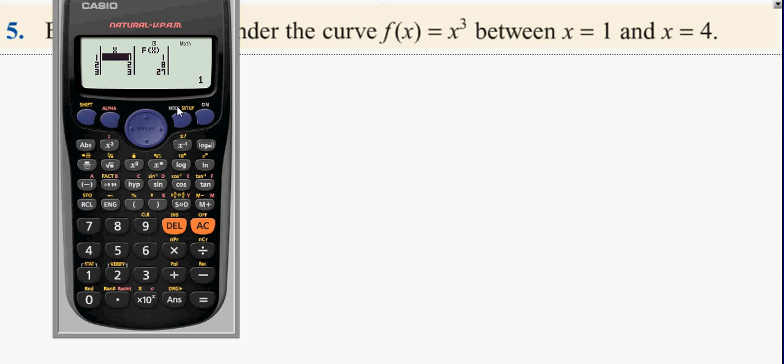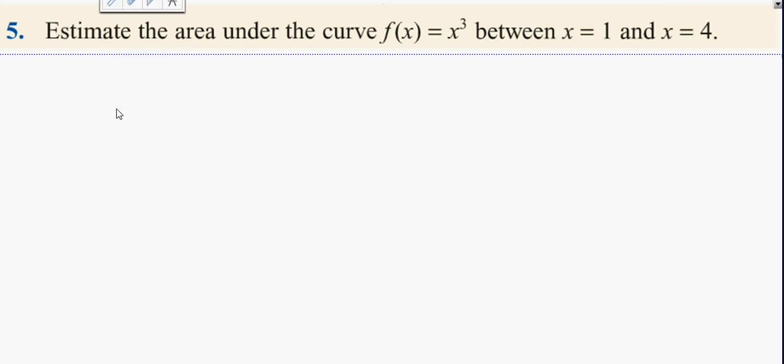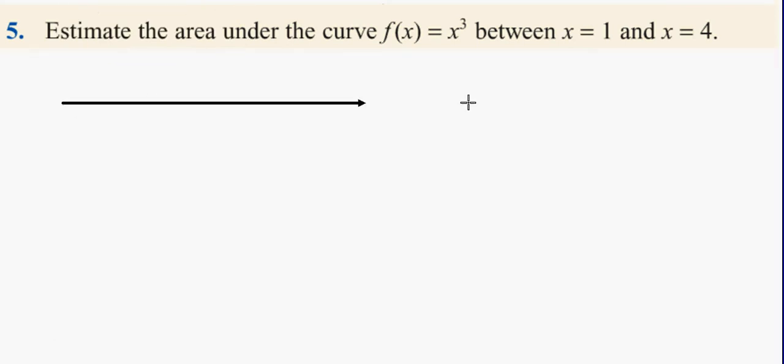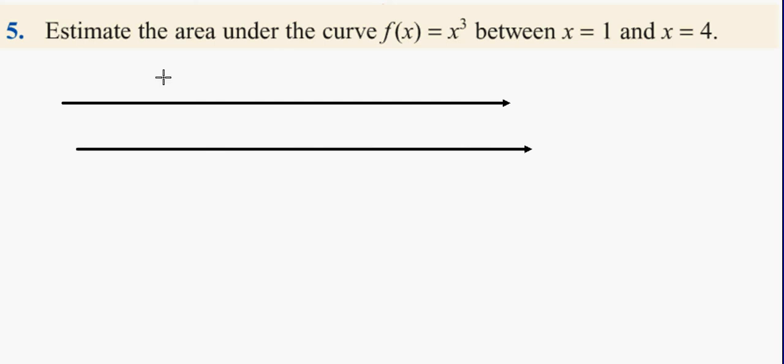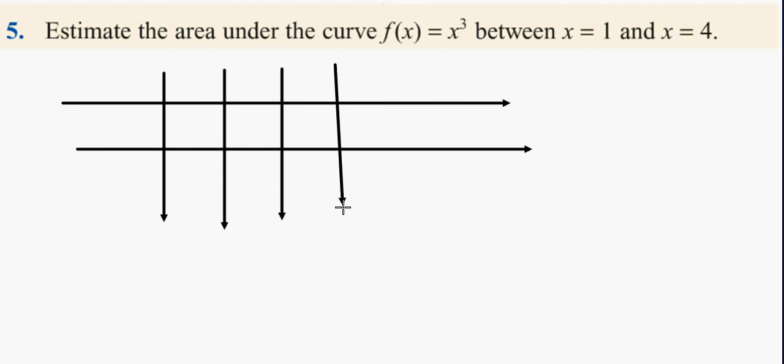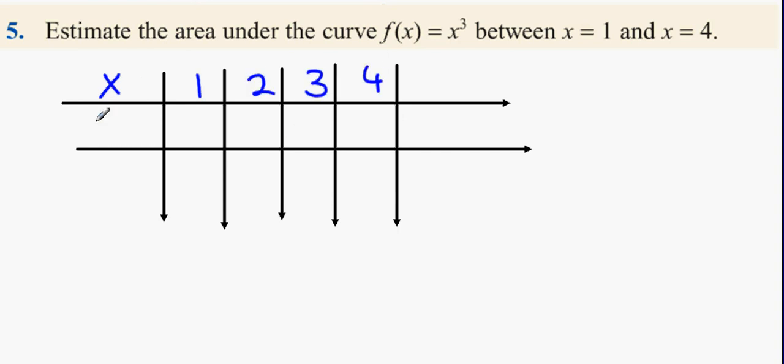So what we get here is 1, 8, 27, 64. So just make a quick table here. The x values are 1, 2, 3 and 4, and the f of x values are 1, 8, 27 and 64.